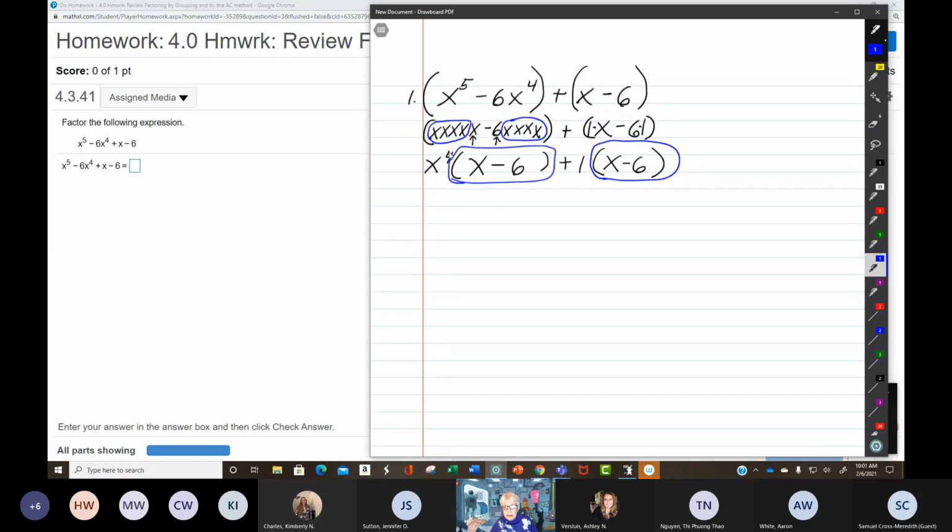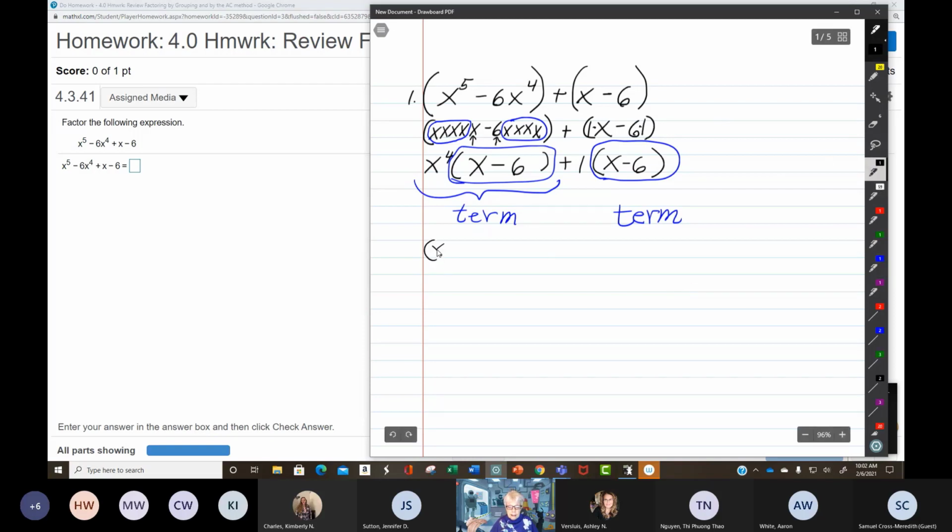And in fact, this is x to the 4th times x minus 6 and 1 times x minus 6, which makes this a term and this a term. And both terms contain an x minus 6. That makes x minus 6 the greatest common factor of the entire expression.